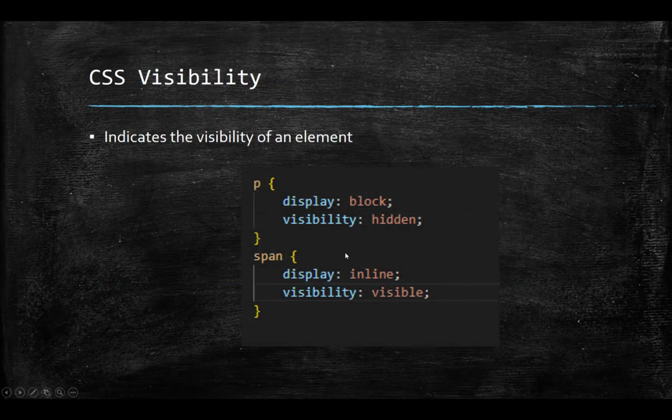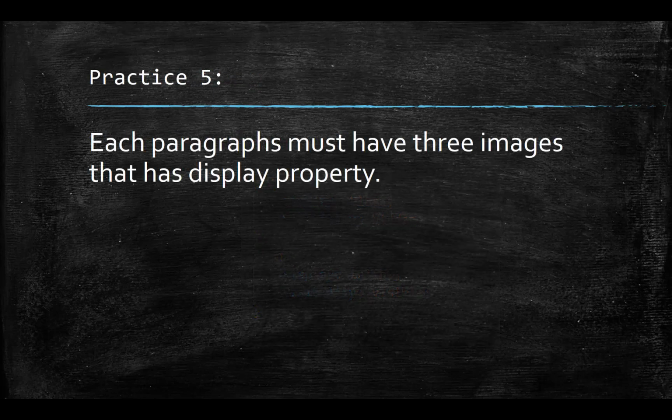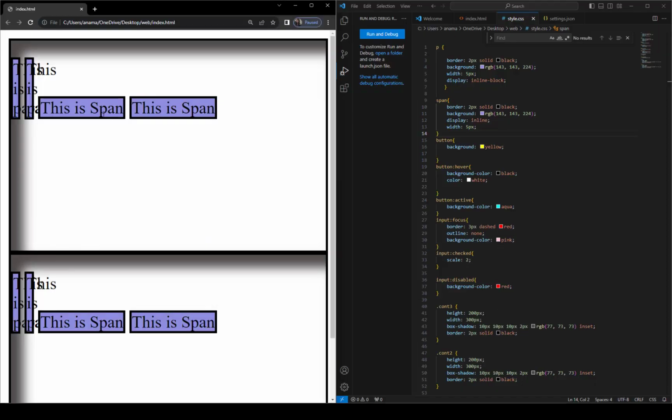Okay, for visibility, of course, it indicates the visibility of an element. We have two values: hidden and visible. If you say hidden, it's hidden, right? If it's visible, it's shown. But when hidden, the element is hidden but still there; its size and space remain in place, it just appears hidden. For example, this is a span.